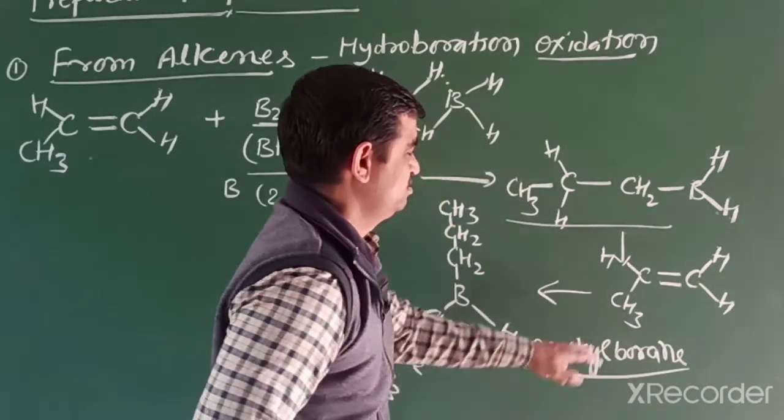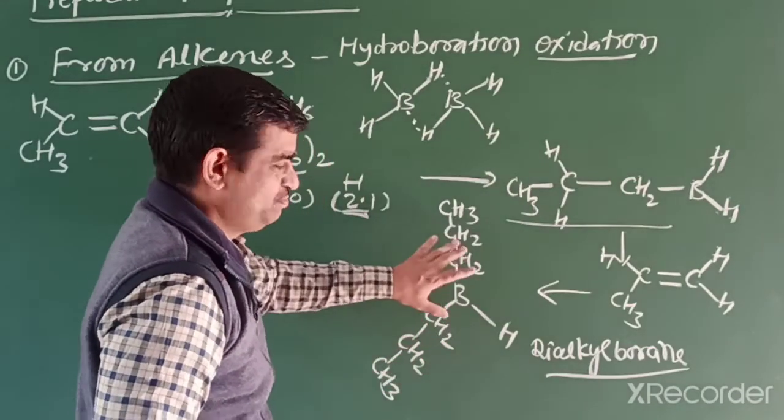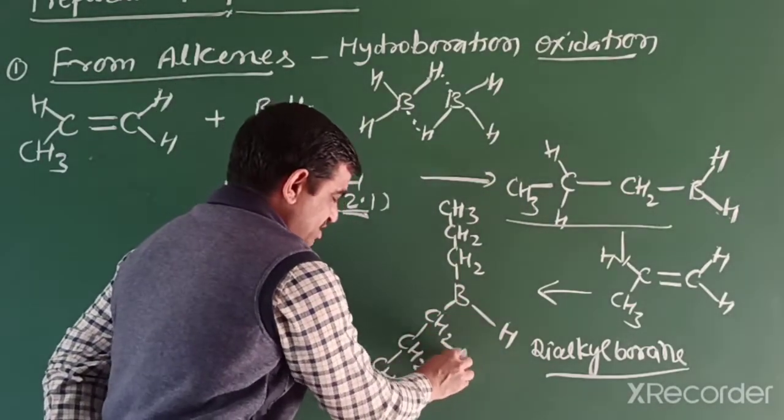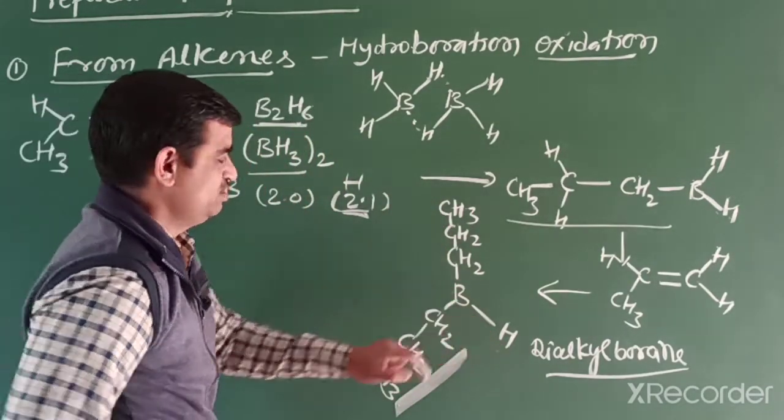First one is alkyl borane or we can write propyl borane. Dipropyl borane, its name for this particular example, dipropyl borane. Further 1 boron hydrogen bond remains.